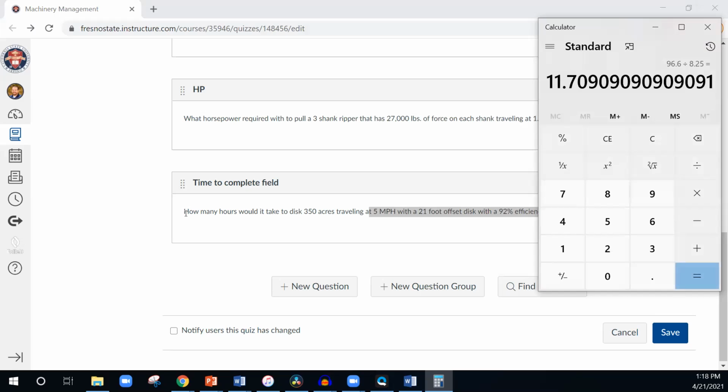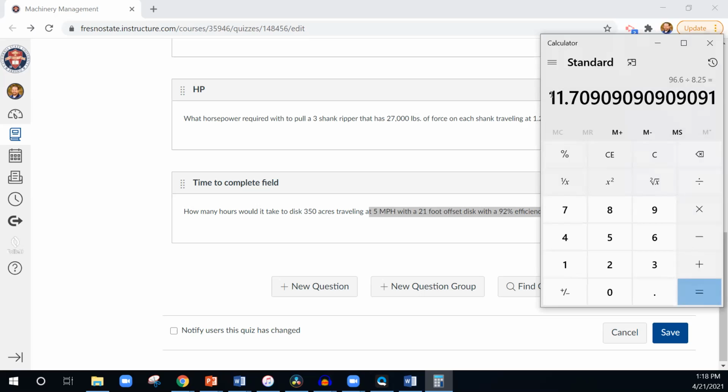This question is asking how many hours would it take to disc a 350 acre field at those numbers. So we figured out, using the effective field capacity, that we can do 11.709 acres per hour.